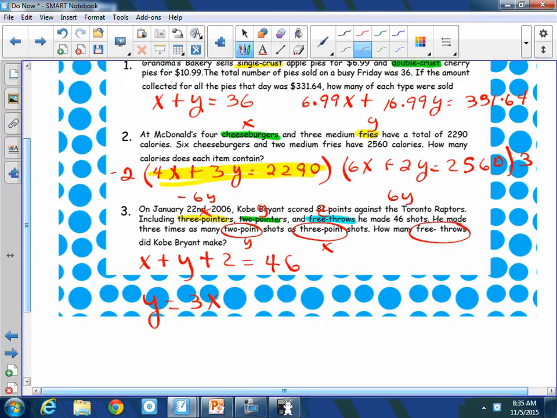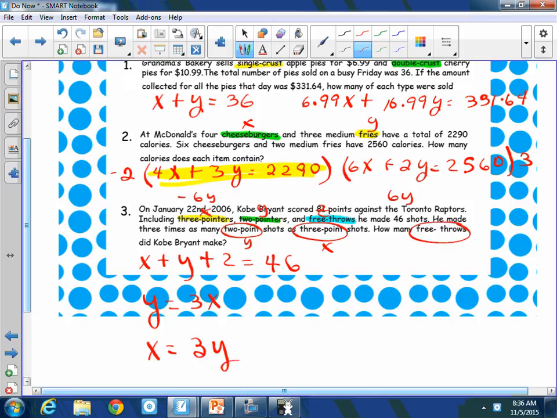He made 3 times as many 2-point shots as 3-point shots. Actually, you're backwards. I think 2 points is Y. You've got to tell me which one it is.